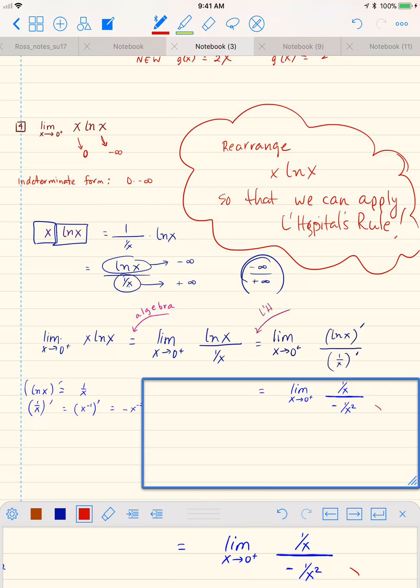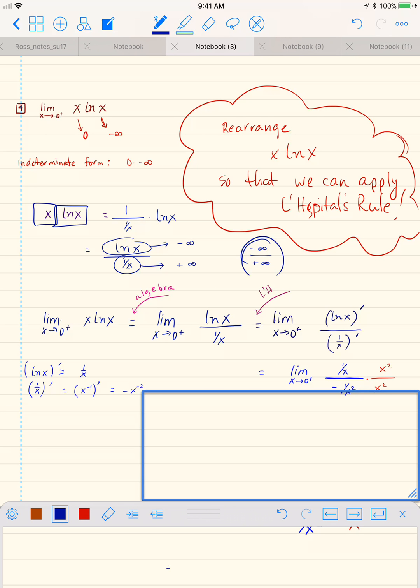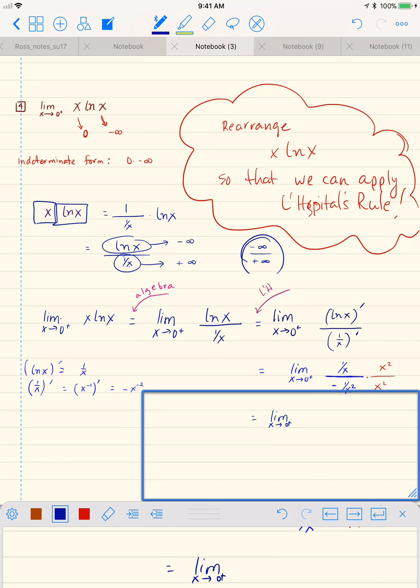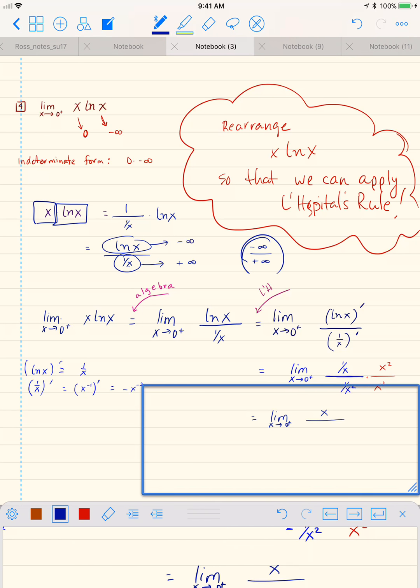I'm going to multiply the top and the bottom by x squared. So now on the top, in the numerator, I'll have x squared over x, which is just going to leave me with x. And in the denominator, I'll have negative 1 over x squared times x squared, so I have negative 1.